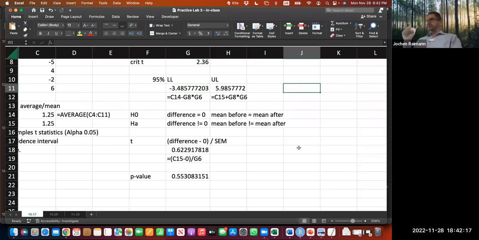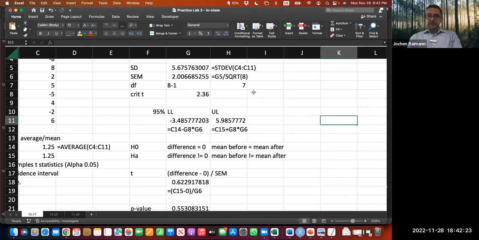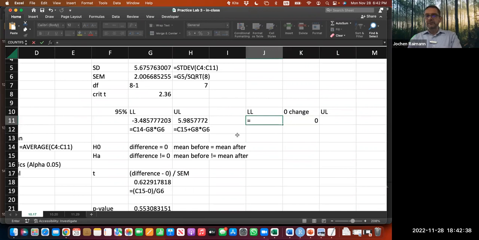So if you have a critical value of 2.36, you can calculate, okay, so let's say this is zero change. This is the lower limit. This is the upper limit. You can take zero and say, I want the lower limit. This is zero minus the critical t multiplied by the standard error of the mean.